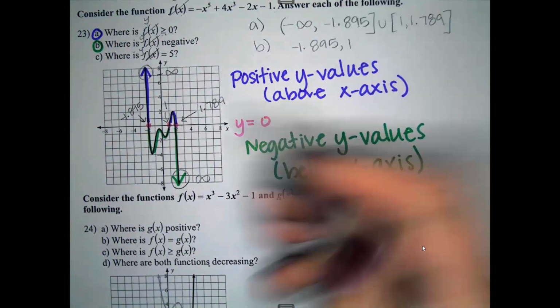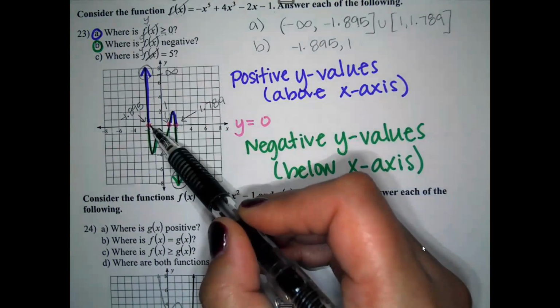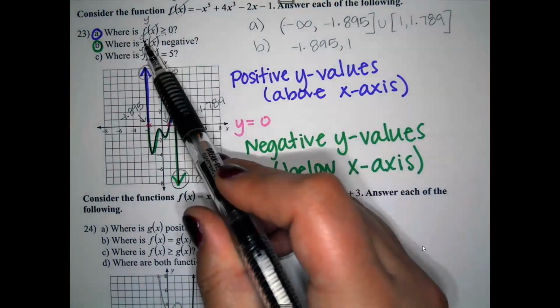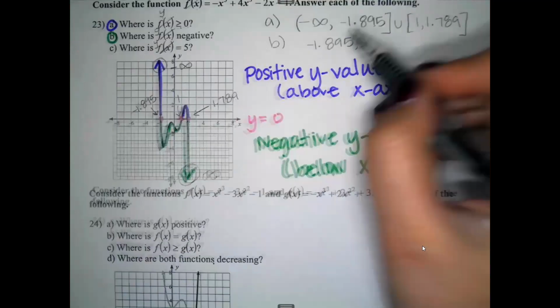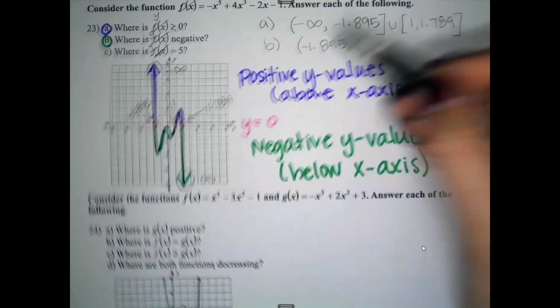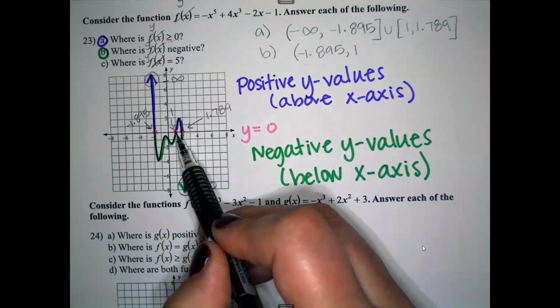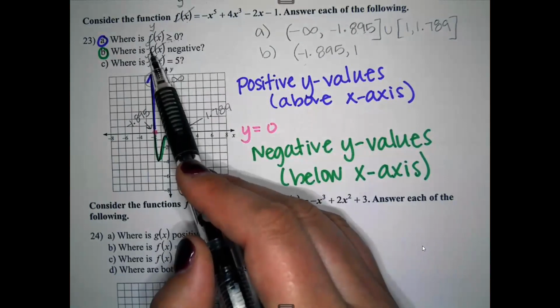1. Now, if I plug in negative 1.895, what's my answer? What do I get out? 0. Is 0 a negative value for y? No. So should I put a bracket or a parenthesis? Parenthesis. If I plug in 1, what do I get for y? 0. Is 0 a negative value for y?